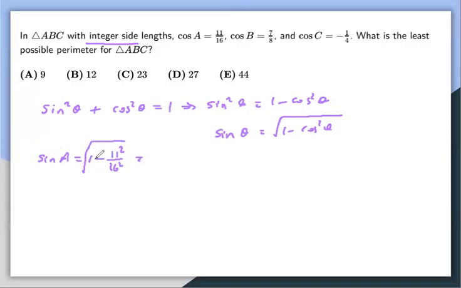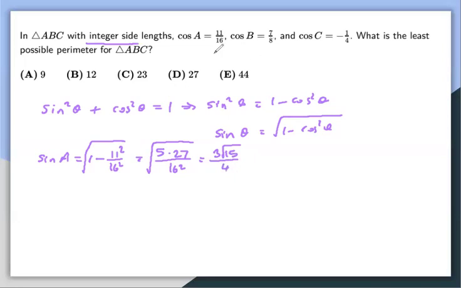When you find a common denominator, that will be 16 squared minus 11 squared, the difference of squares. 16 minus 11 is 5, and 16 plus 11 is 27. So this is 9 times 3, so I can take the 3 outside, and 3 times 5 is 15, so that should be root 15 over 4.